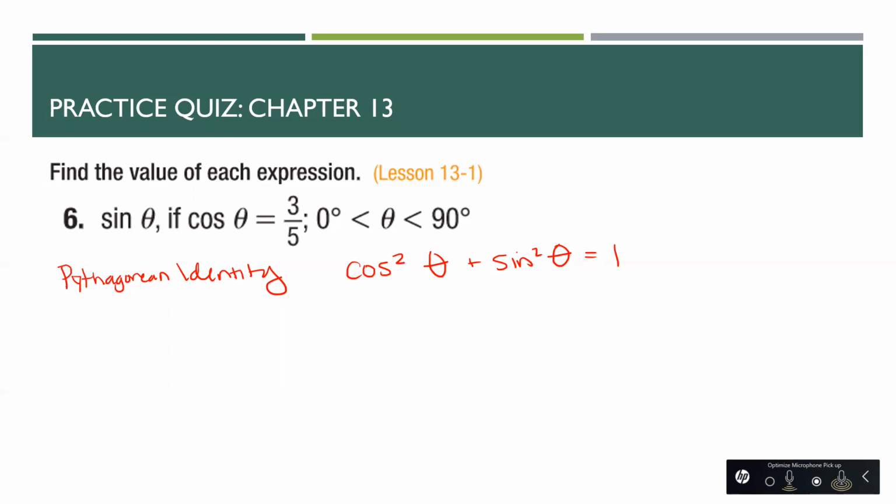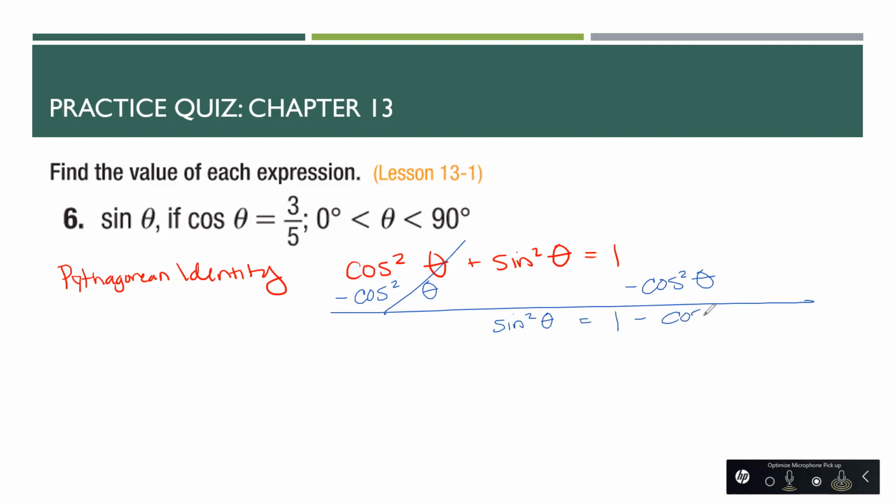So then we're going to subtract cosine squared of theta from both sides, because this is an equation. We can do that. Whatever you do to one side, you have to do to the other. So now we have sine squared of theta is equal to 1 minus cosine squared of theta.